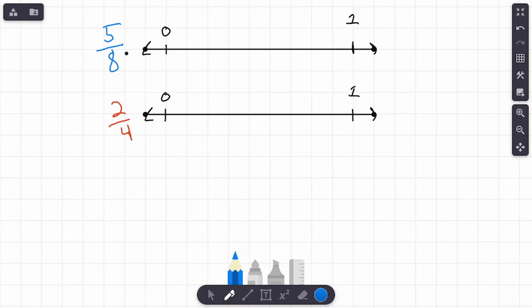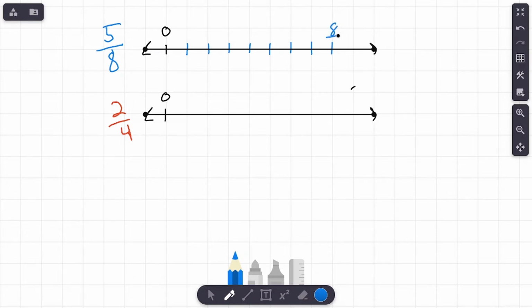Okay, so I've got 5/8, so I'm going to go ahead and draw that up here. Here's 1, 2, 3, 4, 5, 6, 7, and 8. I'm going to fix that real quick. Made it a little bit too far on my number line. So right here is where we have 8/8.